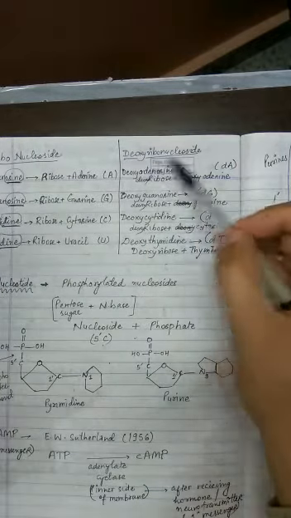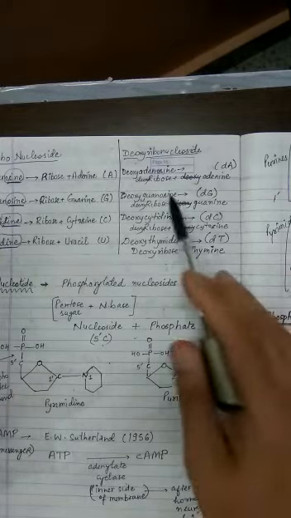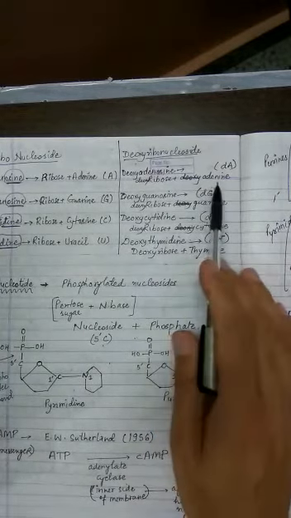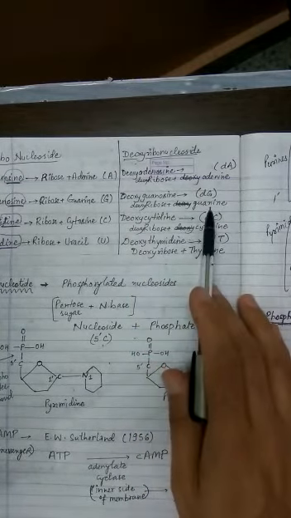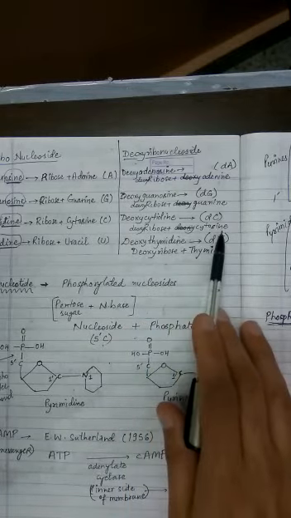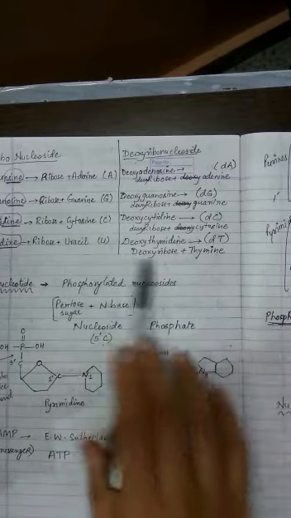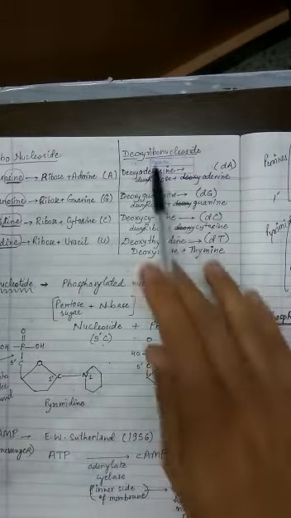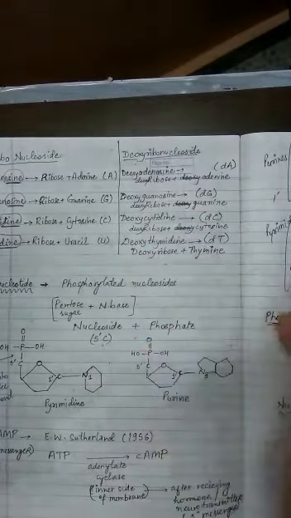Now when it comes to deoxyribonucleosides, how are they named? So a deoxyribose is going to join with adenine, a deoxyribose is going to join with the guanine, or a deoxyribose joins to the cytosine, or deoxyribose joins to the thymine. Remember, there is no uracil in the case of DNA, because we are talking about deoxy, a word used for DNA.